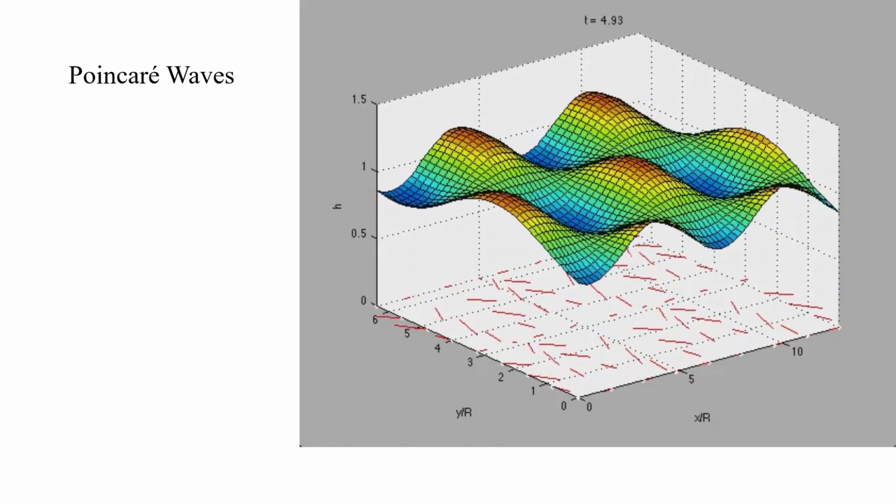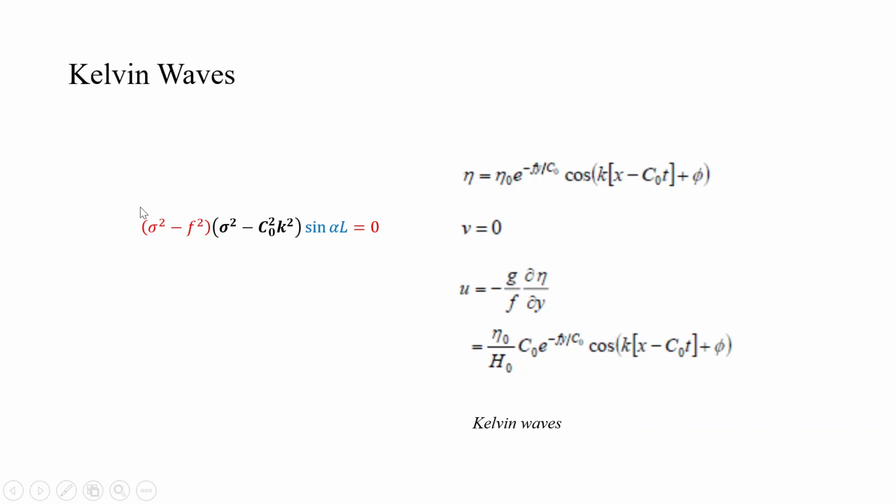Okay, now this dispersion relation contains another set of waves, which is this part. If you take the frequency square minus c naught square k square equal to 0, then that looks like a gravity wave, right? The phase speed c equals c naught.